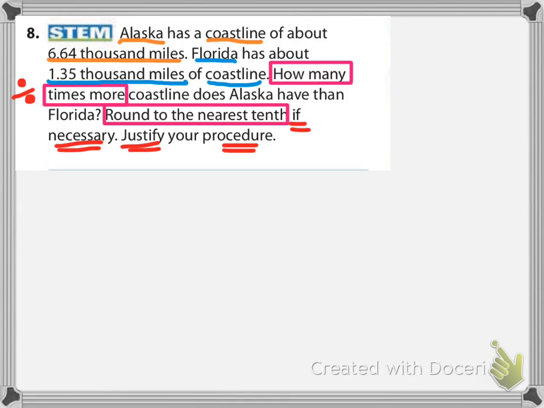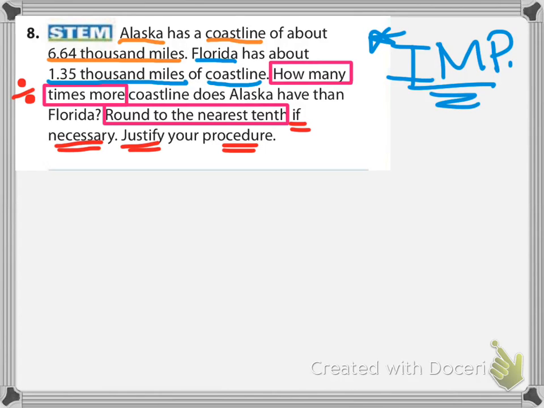Okay, this is a very, very important type of word problem. Please pay attention to what is talked about here. This problem, again, is from the book. Alaska has a coastline of about 6.64 thousand miles. So Alaska is in the orange color.